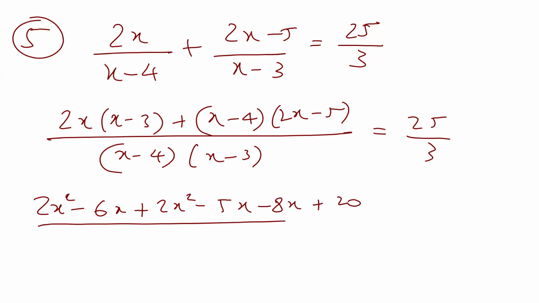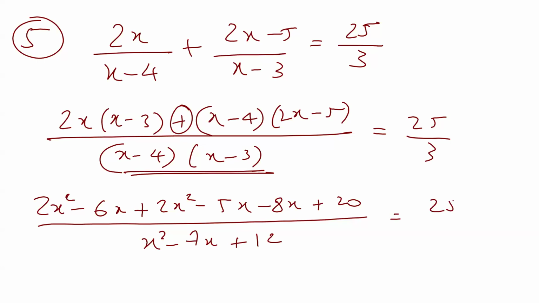I'm multiplying all the brackets in the numerator and there is a plus sign, so no sign change for the rest of the terms. And down it will be, if you multiply these two brackets, you'll get x square minus 7x plus 12, which is equal to 25 by 3. The problem is not lengthy, please do not worry.